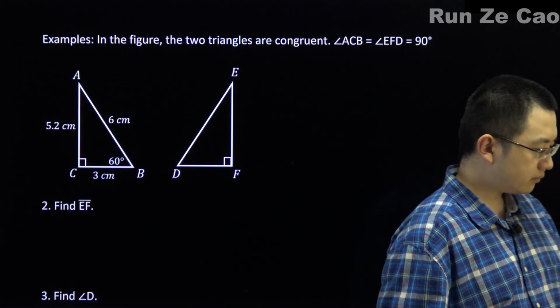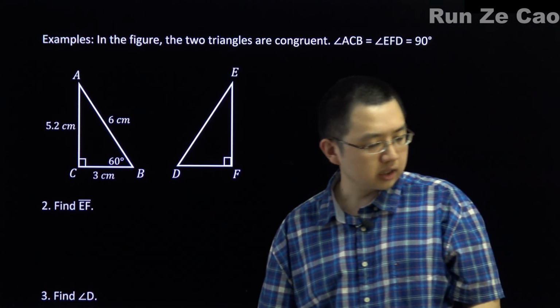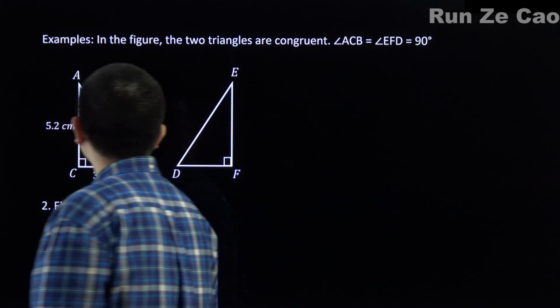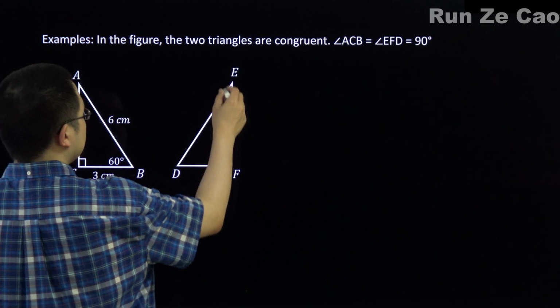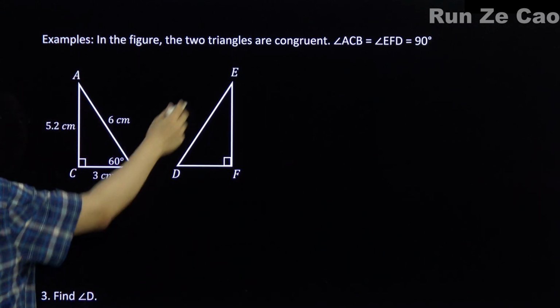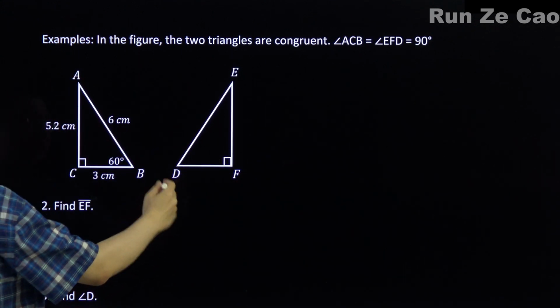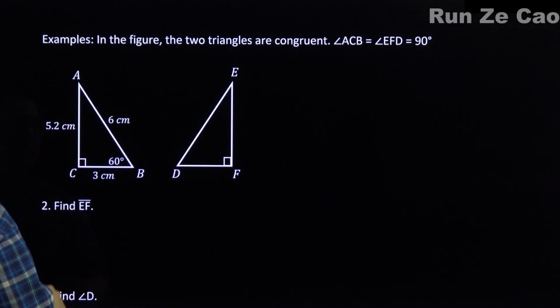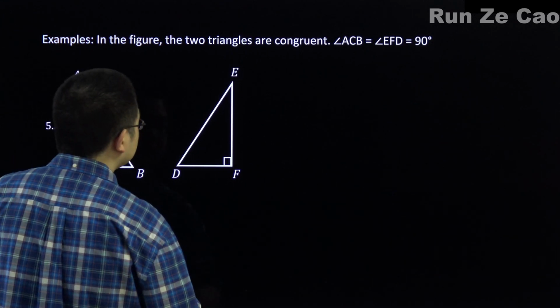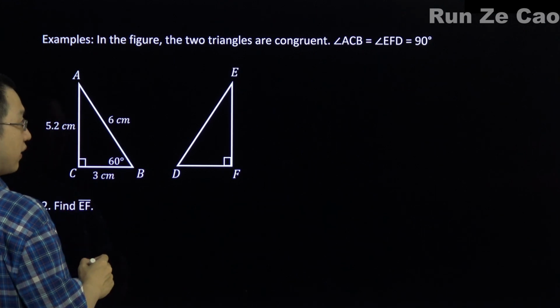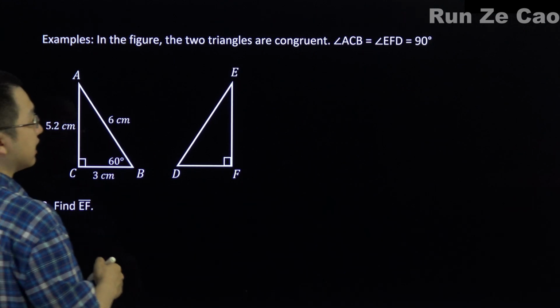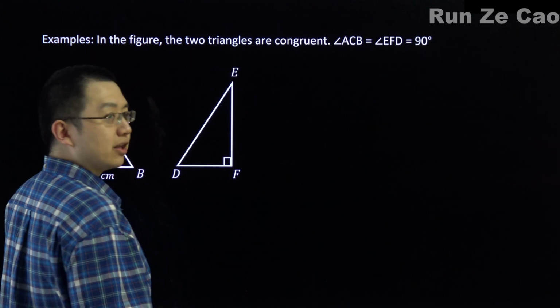Okay. Let's say we talk about these two congruent triangles. Angle ACB is equal to angle EFD, so in corresponding order, equals 90 degrees. Find EF. So the length of EF here is obviously what we're trying to find. It's not find line EF.